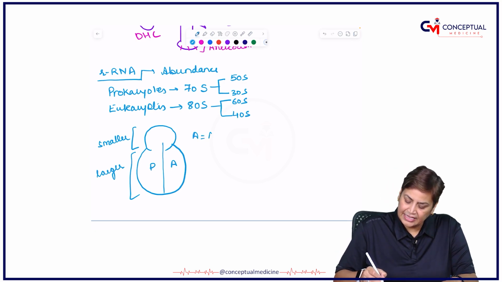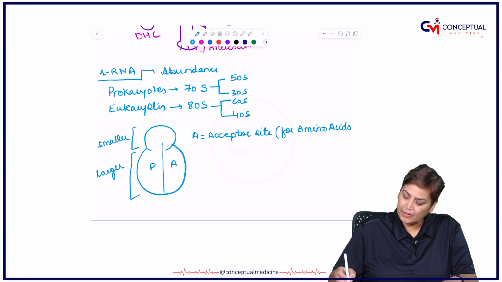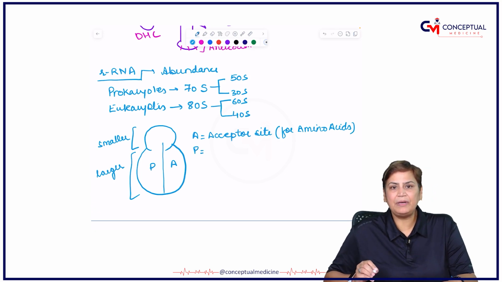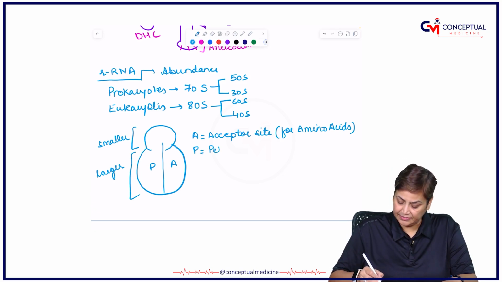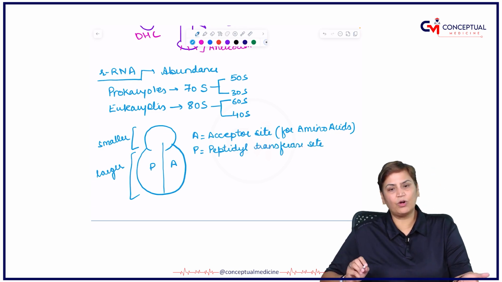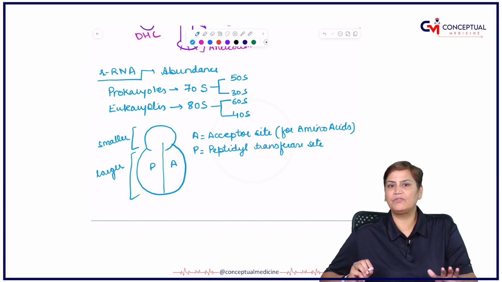The A site is the acceptor site for amino acids, because it is going to accept them, and the P site is the peptidyl transferase site, which is required for the formation of the peptide bond.